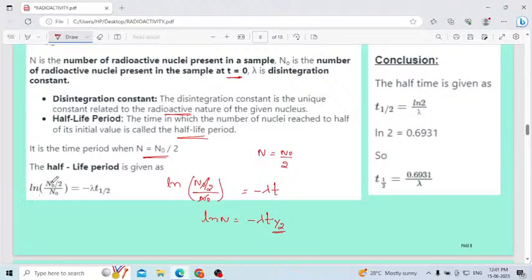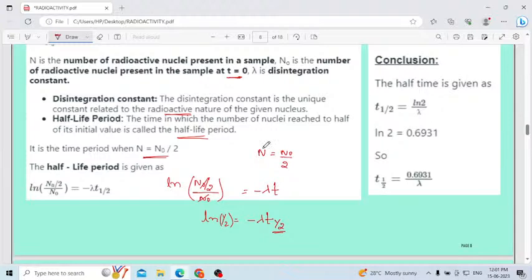You will get ln 1 by 2. What is the value of ln 1 by 2?